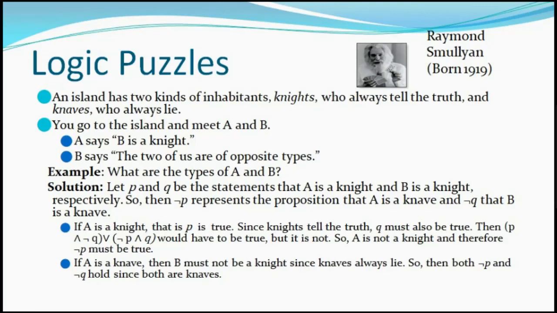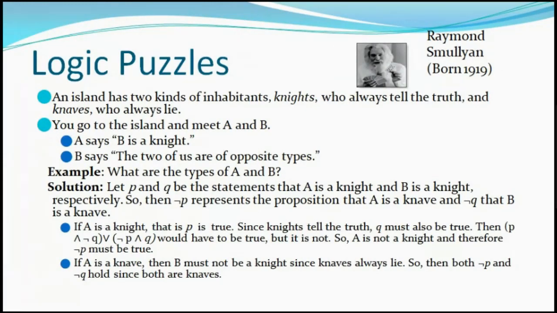Since a knight tells the truth, according to the specification, Q must be true. Otherwise A is not a knight, and therefore negation P must be true. If A is a knave, then B must not be a knight, since knaves always lie, so both negation P and negation Q hold, since both are knaves.